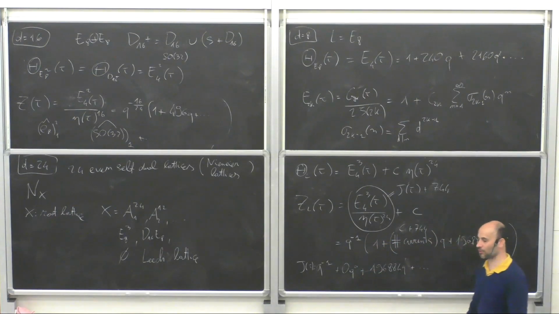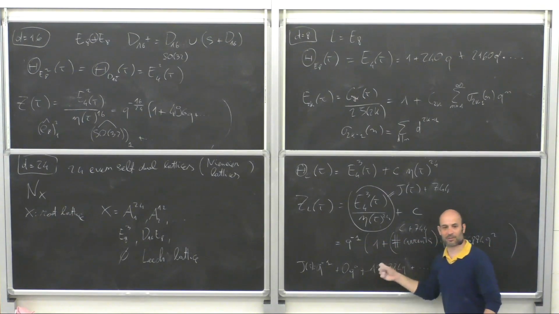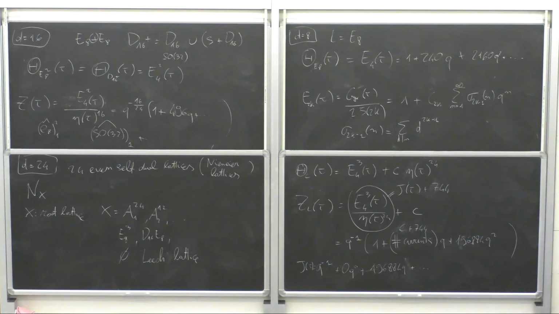So in all these constructions, this is never 0. Okay. And this is a bit of a problem because also the number of currents that you get never fits with the representations of the monster group. So these are not exactly the guys that I'm looking for. So I have to do something more complicated to get to the monster VOA, but this is the starting point.